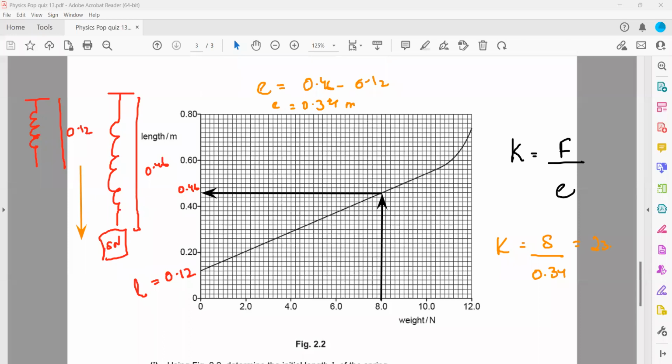So this is 23.5 newtons per meter. As I mentioned, you can take any force within the linear region and you will get approximately the same answer. Is it clear how we worked out the spring constant from the length and load graph? If it were an extension and load graph, we would just take the value of the load and extension and divide them to get the spring constant.